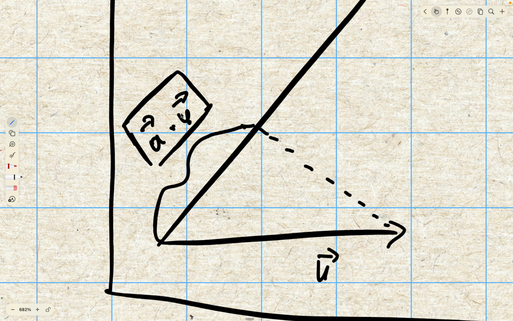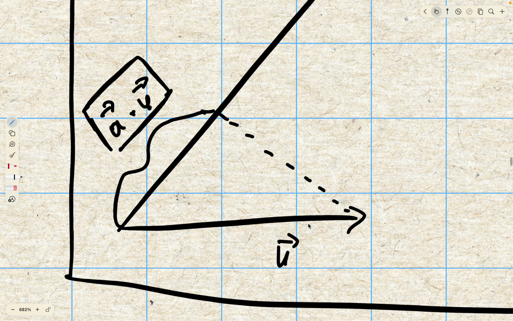So which v should we choose in order to maximize this equation? And you can see, this is the angle between these two vectors. As we decrease this angle between these two vectors, our projection will get bigger.